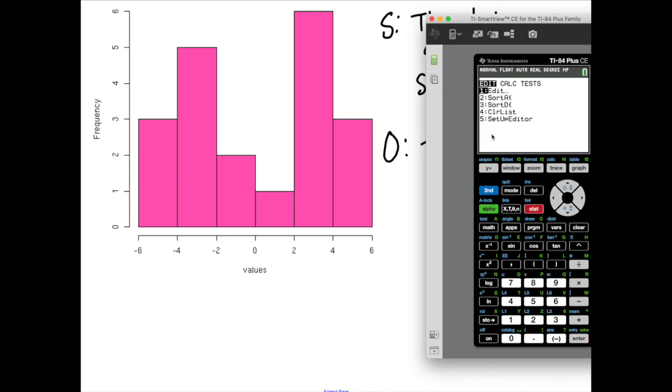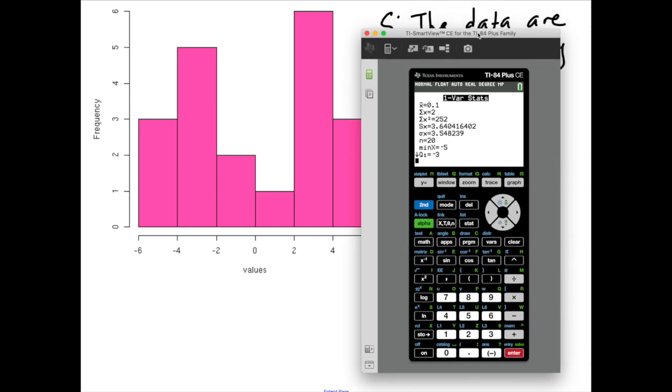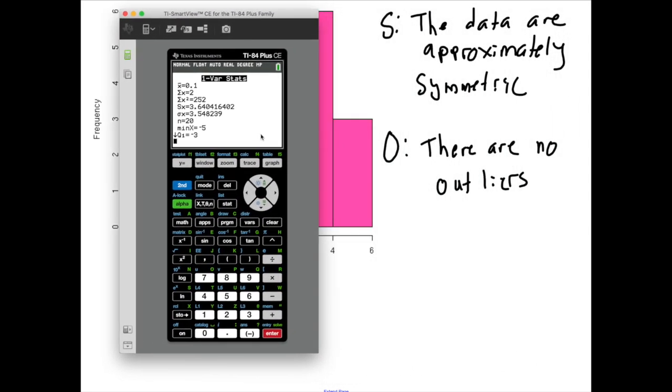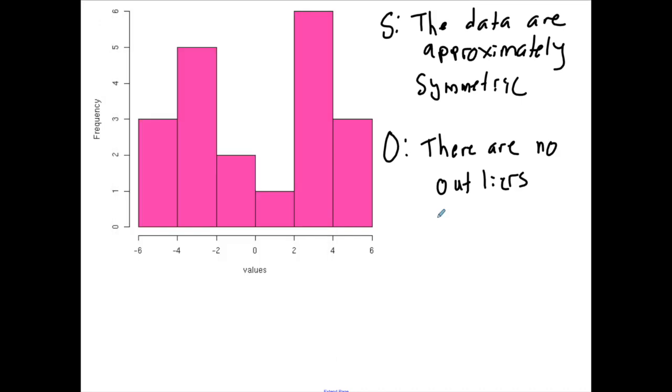Okay, let's do Stat, over to Calc, and we'll do 1-Var Stats, first option. All right, so let's take a look at the mean. The first thing I'm going to notice is how the median is 0 and the mean is 0.1. So the fact that they're almost the same is indicative of the fact that this is actually symmetric data.